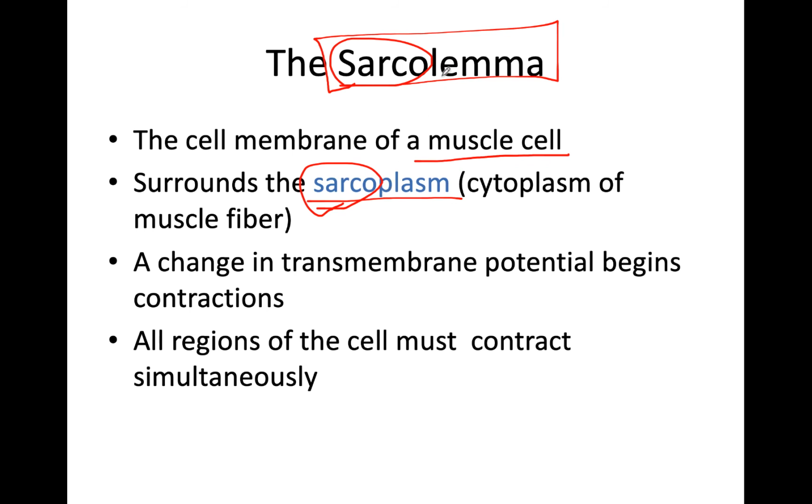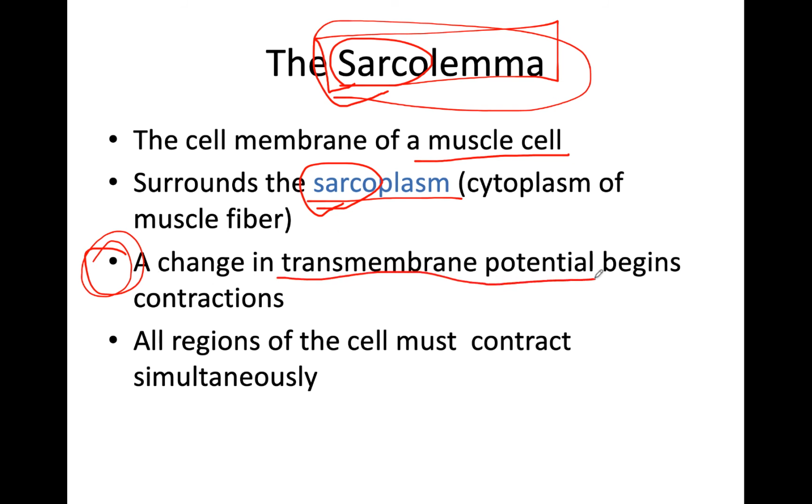And what makes these guys special is that the sarcolemma is unlike a regular cell membrane. But why? What special qualities does it have? This right here. This type of cell membrane is able to transmit something called a transmembrane potential.